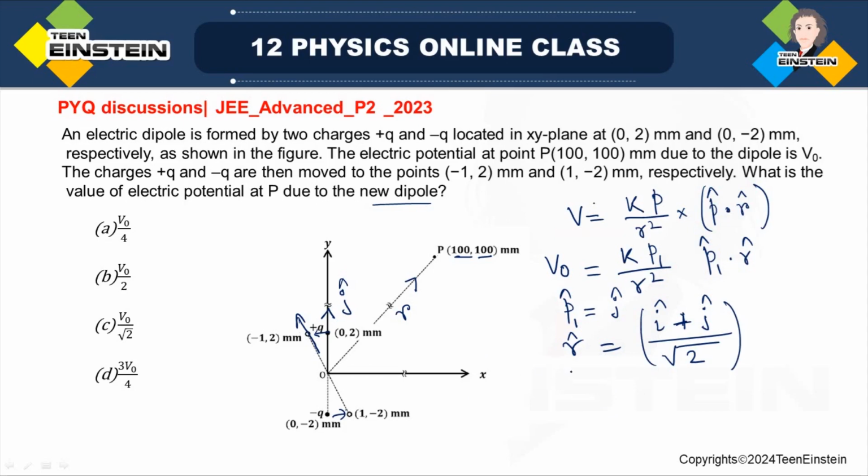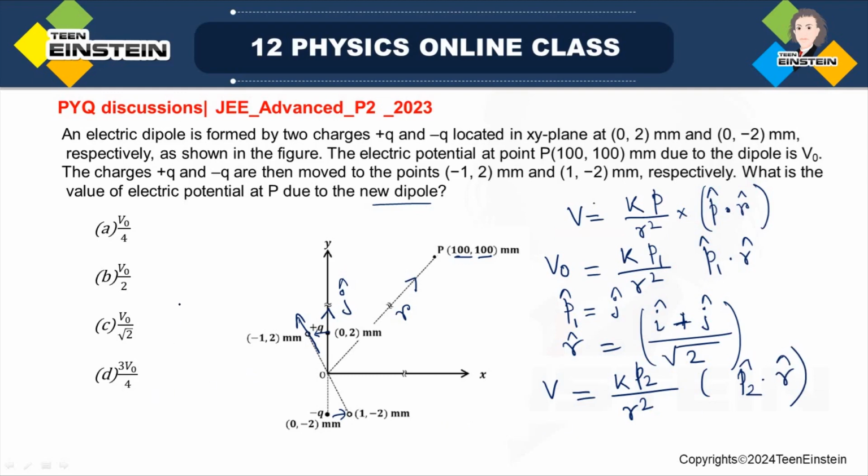Now what is the expression for the new potential? That is K P2, magnitude of the dipole moment in the second case, divided by R square. This is the same, but what is different is P2 cap dot R cap. So R cap we know.